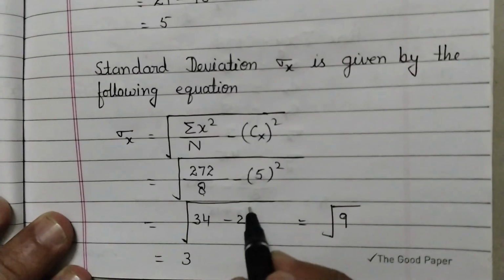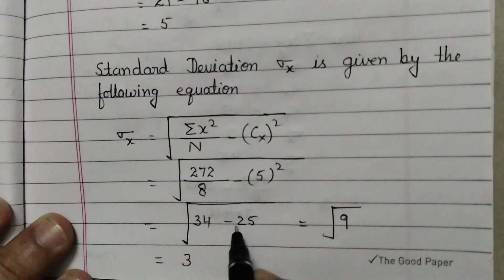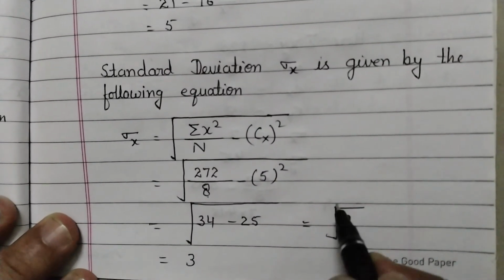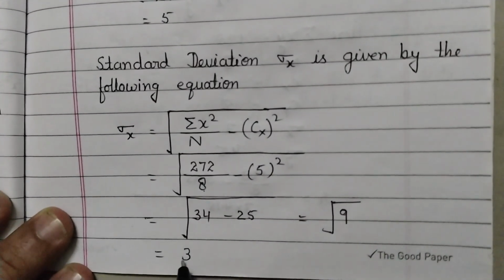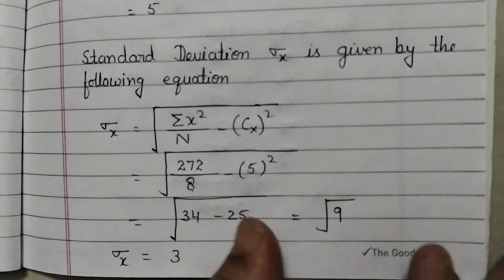So 34 minus 5 square, which is 25. 34 minus 25 is equal to under root 9, and square root of 9 is 3. So sigma x is equal to 3.